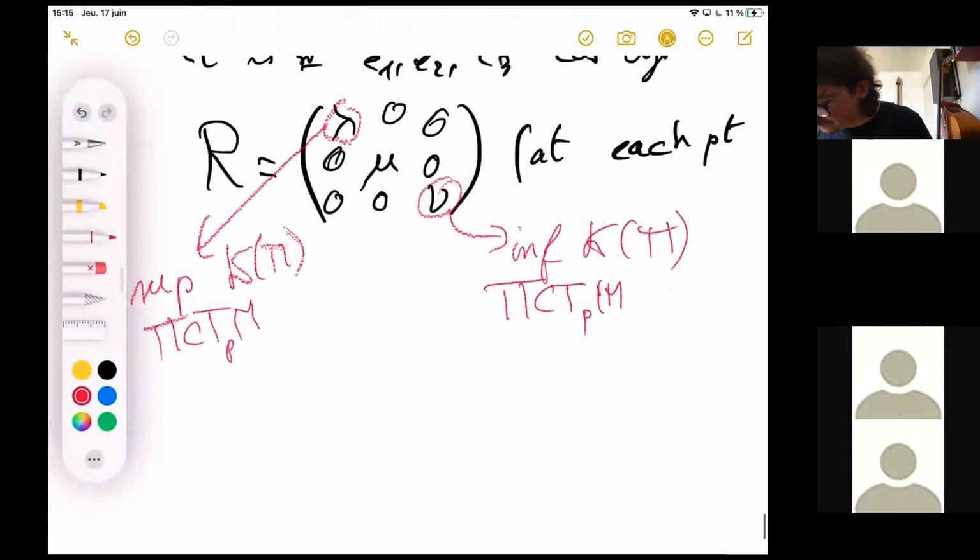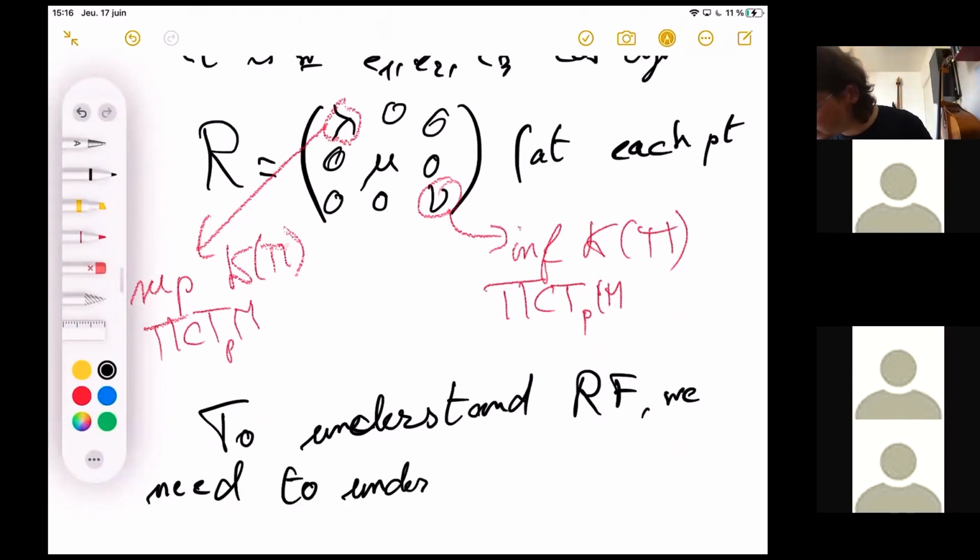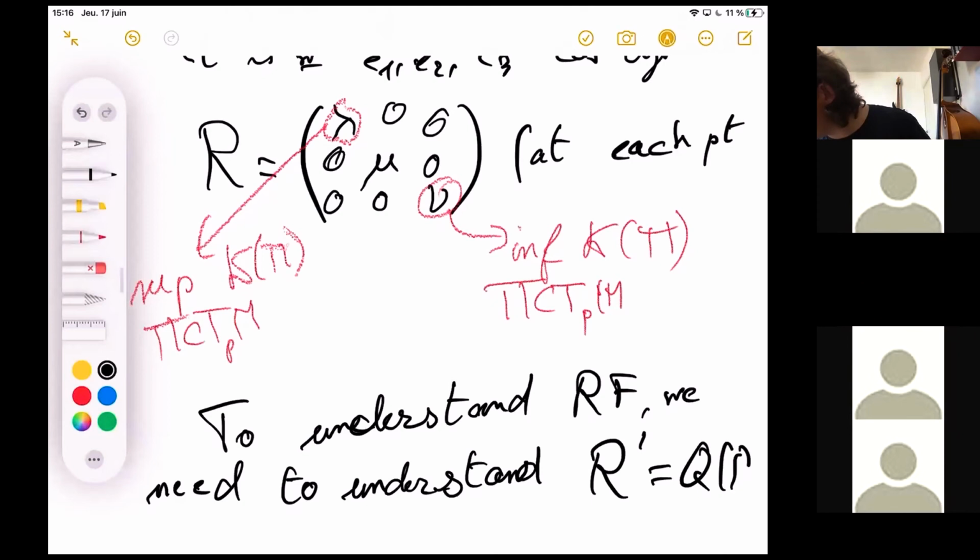Okay, so now to understand Ricci flow in that setting, we need to understand the ODE R' equal Q of R, and we need to understand that for any initial condition.